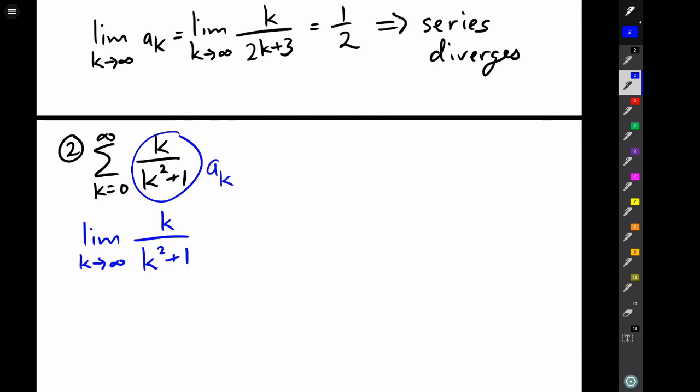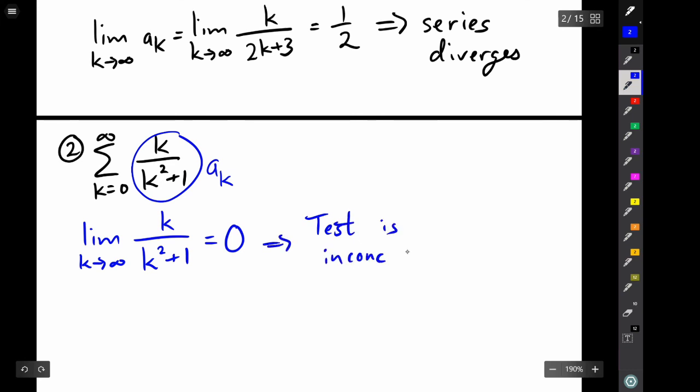Again, reach back and think about how to compute limits. You'll remember, since the degree on the bottom is higher, this limit has to be 0. So here, the test is inconclusive. I'll let you think about whether you think that series should actually converge or not.